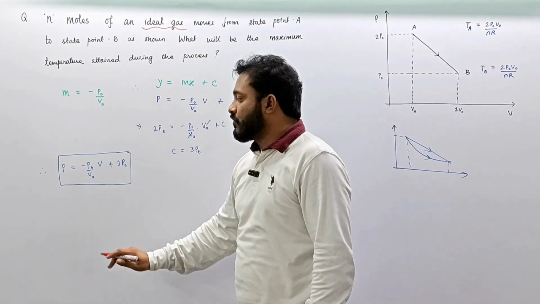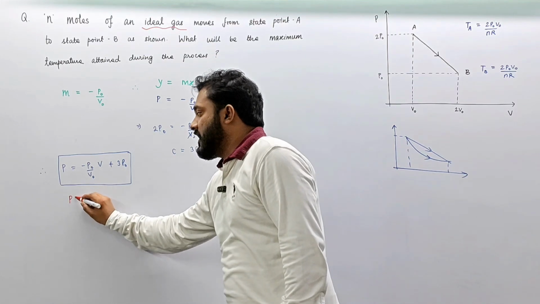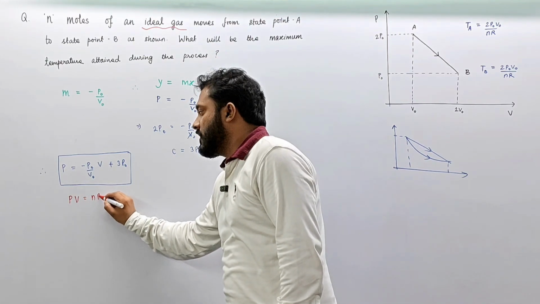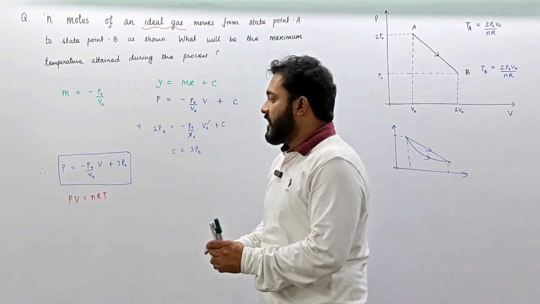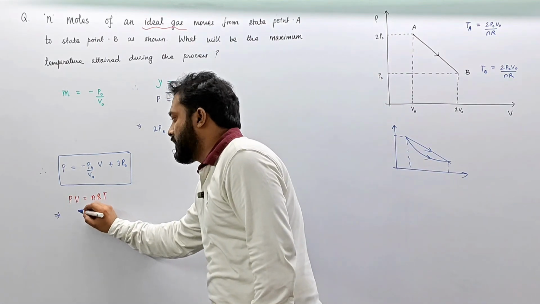So if I go back to the ideal gas equation, PV equals nRT, then life gets sorted here as we can write pressure in terms of volume and temperature.